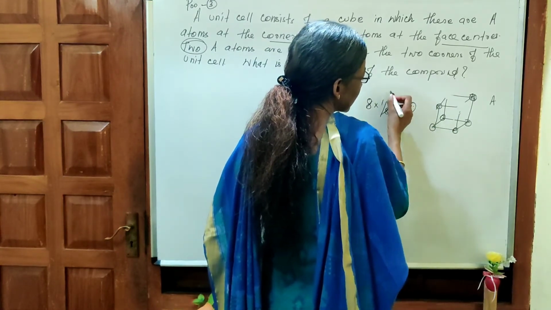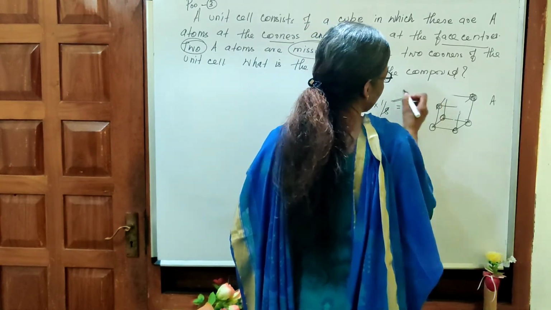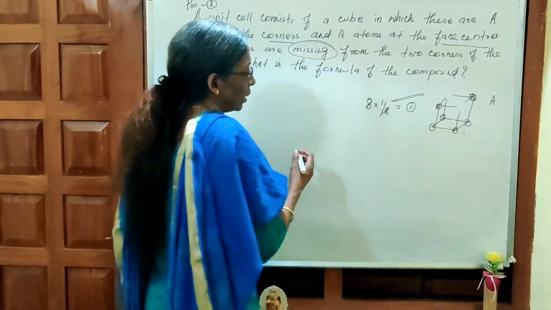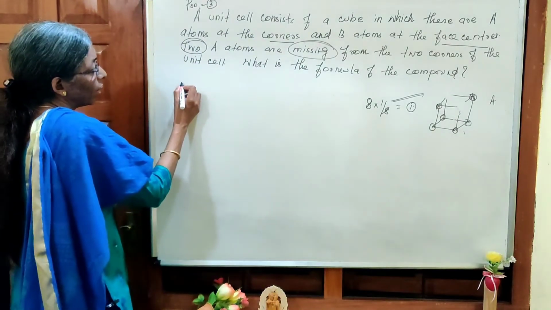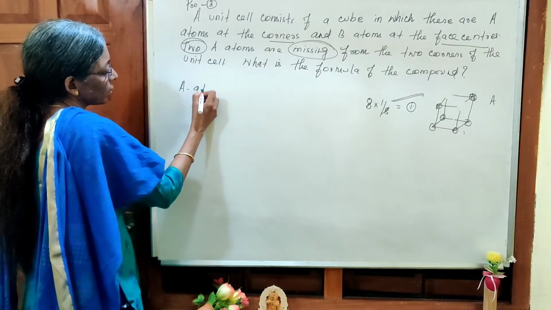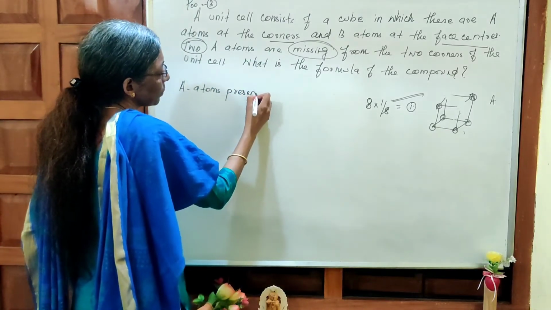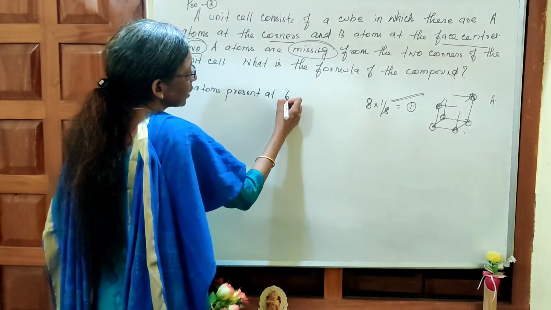Normally we do it like this, for all corners. Here now only 6 corners have atoms. So A atoms are present at 6 corners.